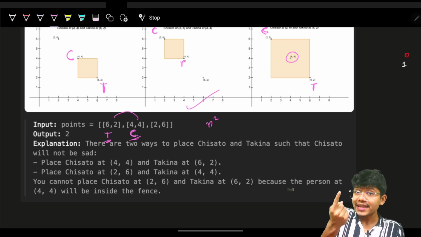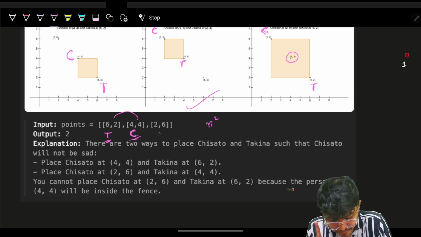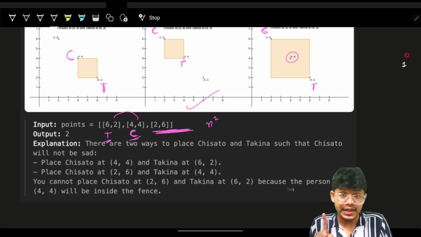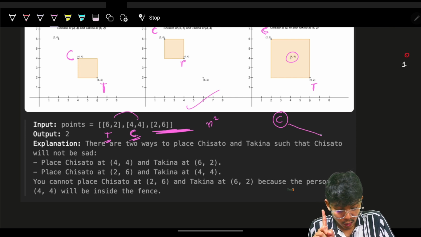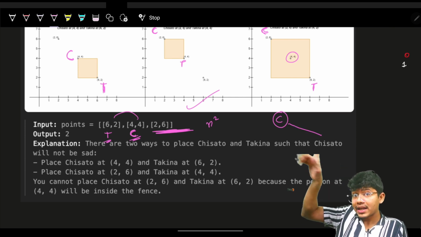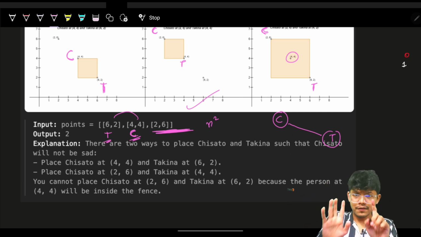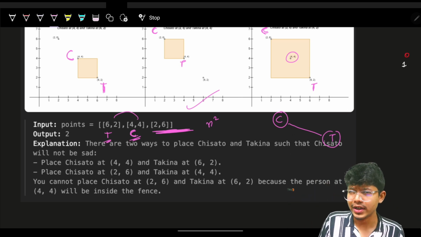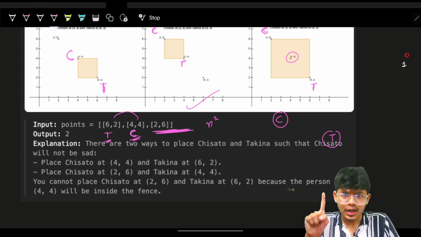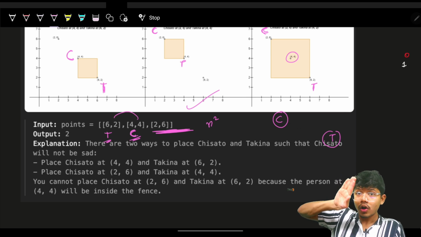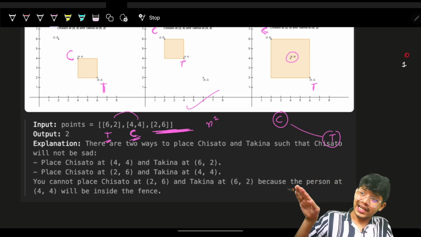Now to check whether that specific pair of C and T is good or not, I will have to check that, firstly, C should be on the upper left and T should be on the lower right. This is the first condition that should be there. We will see how to do it in code, but yeah, this is the first condition, that you have your C on the upper left and T on the lower right.